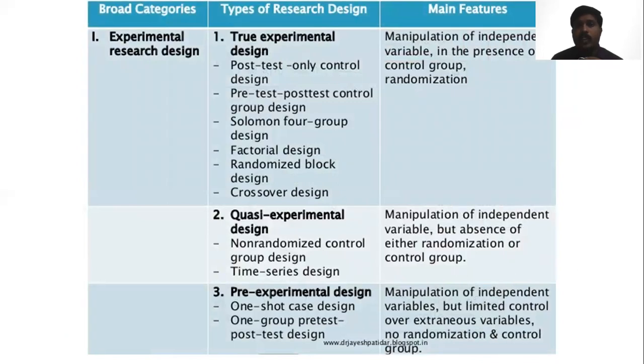So normally we have so many research designs. Here we can see some important ones. First, in the broad category of experimental research design, there are true experimental design, quasi experimental design, and pre experimental design.